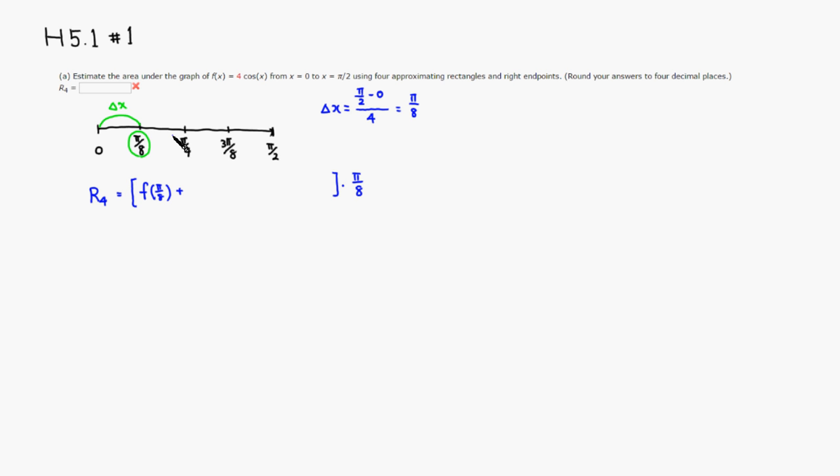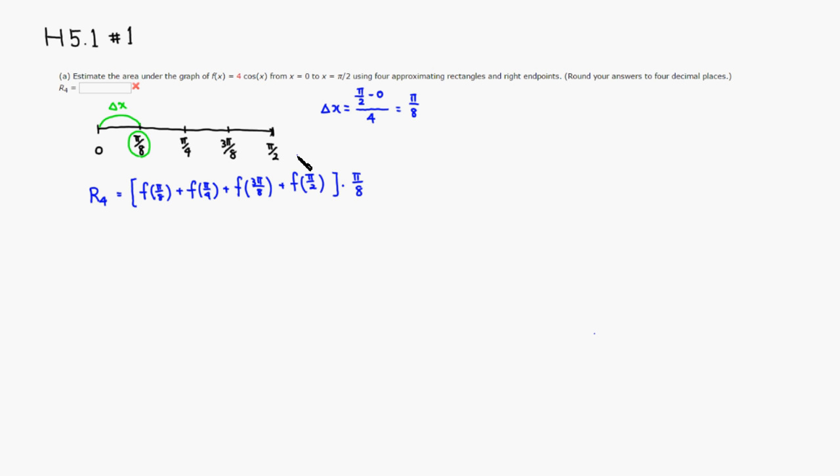Then for the second rectangle, the height is determined by the right endpoint, so it's f of pi over 4. The third one is f of 3 pi over 8, and plus the last one is f of pi over 2.